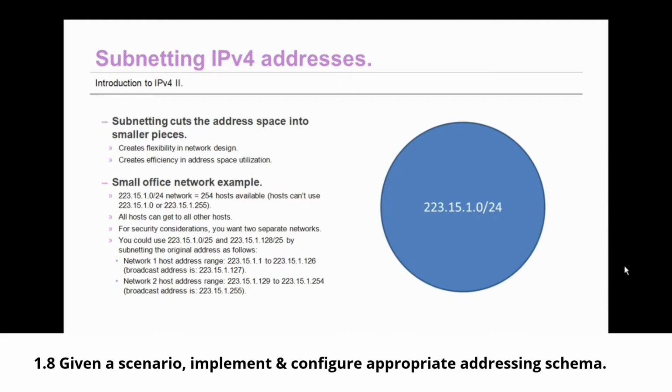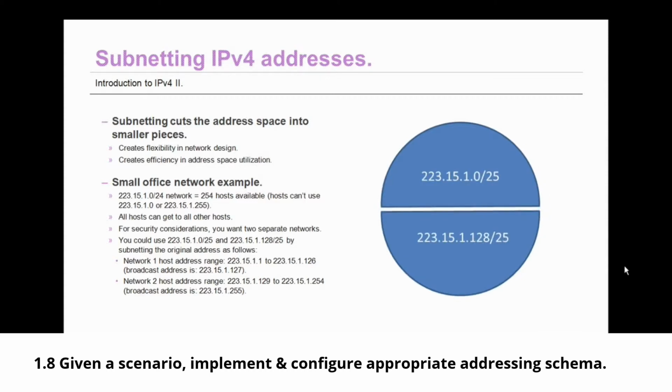Because a host cannot be assigned the network address, which is 223.15.1.0, and it can't use the broadcast address, which is 223.15.1.255. In this example, all the hosts in the network can see all the other nodes. Now let's say that for security considerations, you want to split this into two networks. Well, you can do this using subnetting.